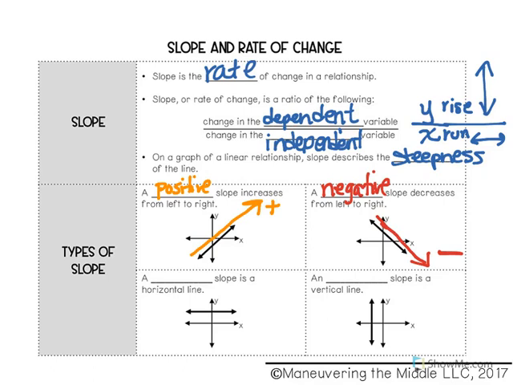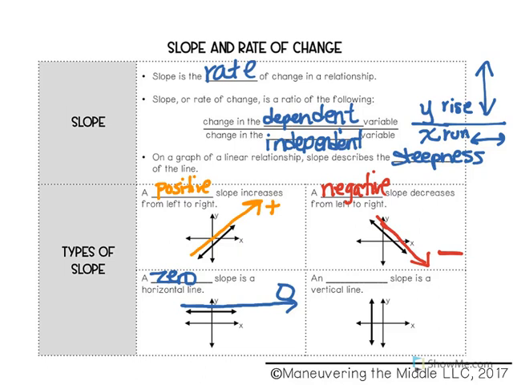When I read from left to right and I'm going straight and not moving in any direction, then I'm 0. I'm not going up, I'm not going down. I'm just staying still, just going straight.